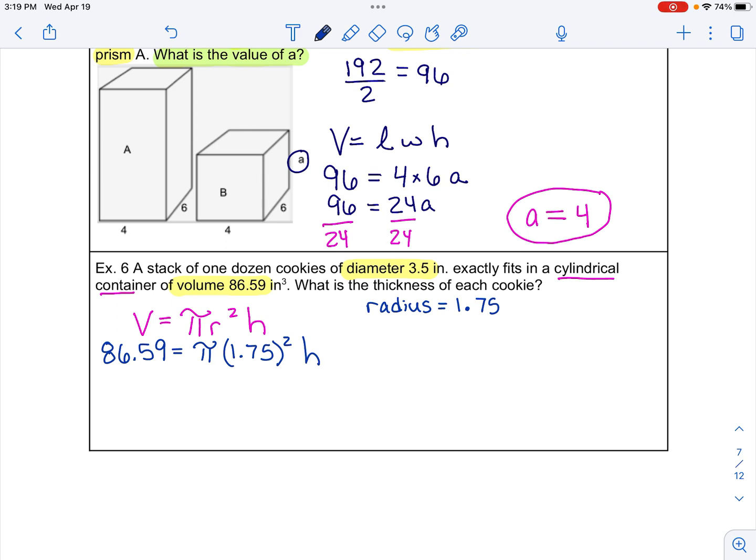A couple different ways you could do this. We could go ahead and multiply these numbers together first. You have a pi button, and if you can't find a pi button on your calculator, you can just use 3.14, that is fine for now.